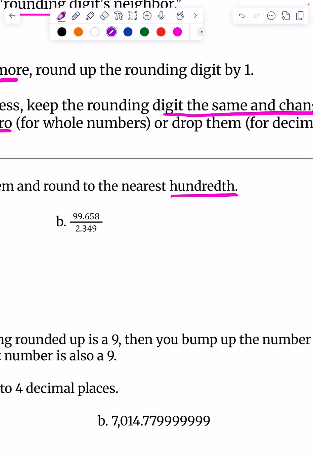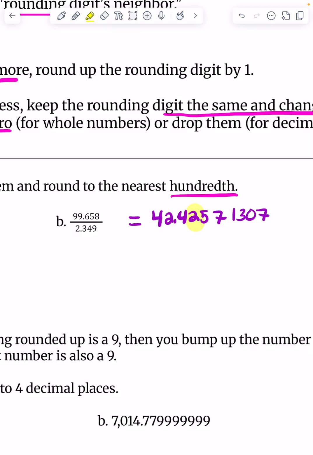I'm going to compute 99.658 divided by 2.349 in Desmos, and Desmos tells me that's 42.42571307. So I just wrote down all the digits it gave me. The hundredth again would be, I'm going to highlight it this time. This is the hundredth place.